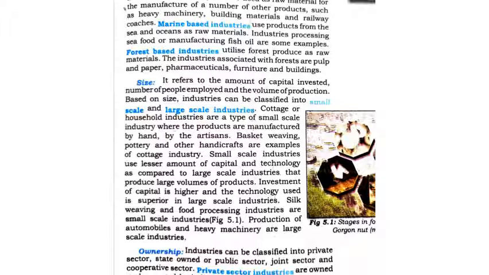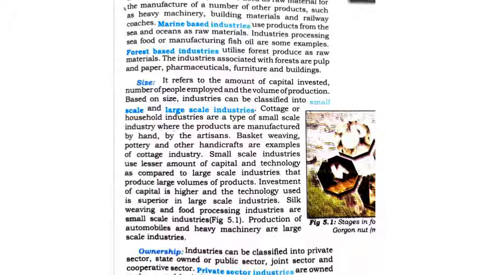If the question comes that write the classification of the industry on the basis of the raw material, then you should write that there are three kinds of classifications. One is mineral based industry, two is marine based industry, and third one is agro based industry.